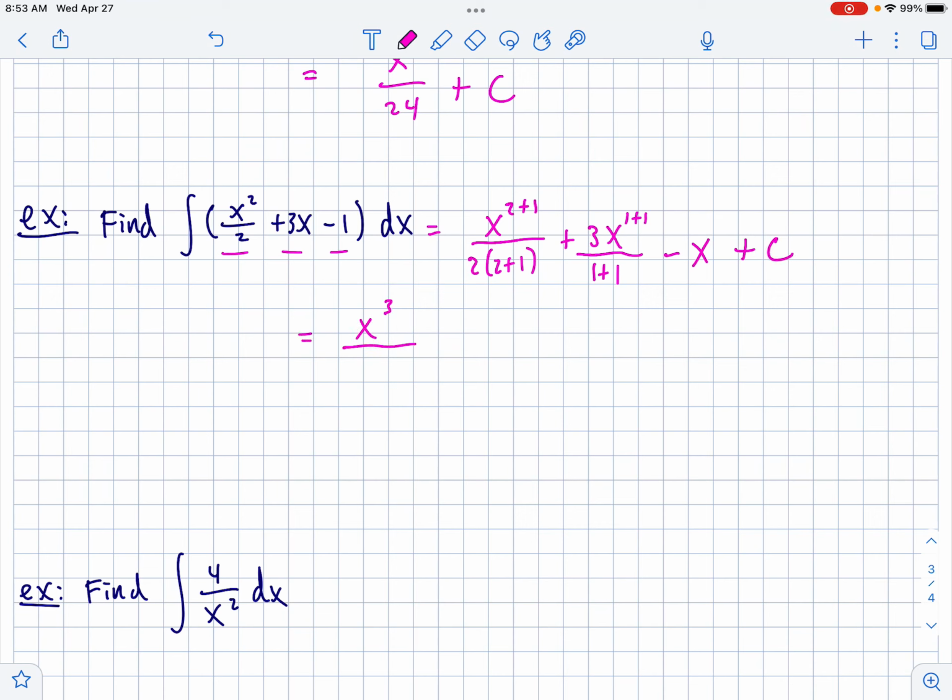So this is x to the 3rd, all over 2 plus 1 is 3 times 2 is 6. Then we get plus 3x squared over 2. Then minus x, then plus c. That's it. So you're always using the power plus 1 in the denominator. Power plus 1, power plus 1.